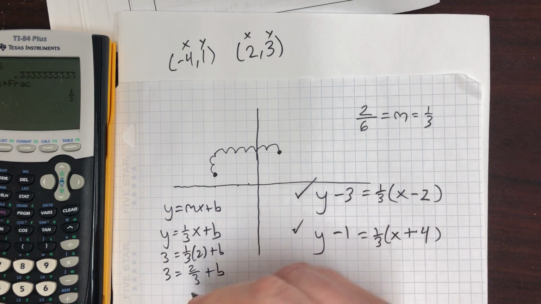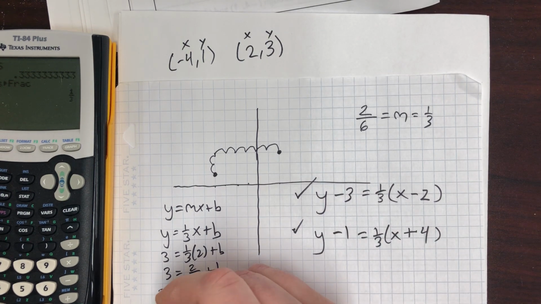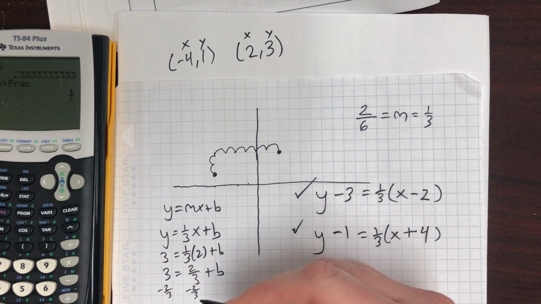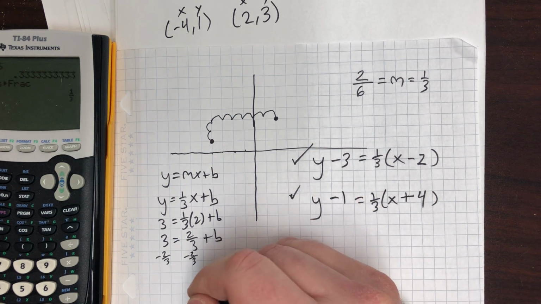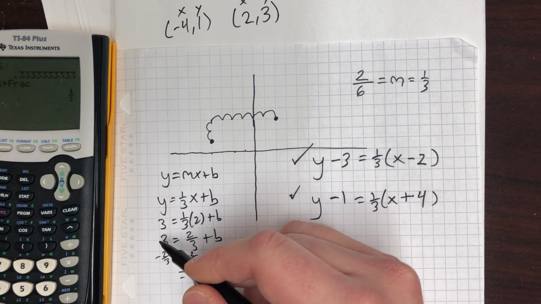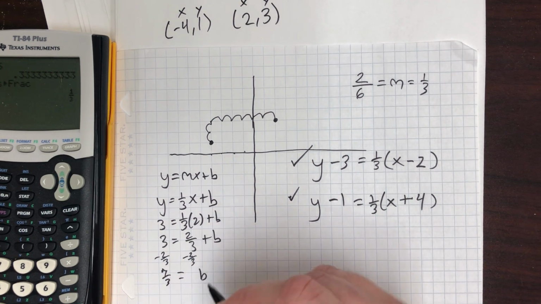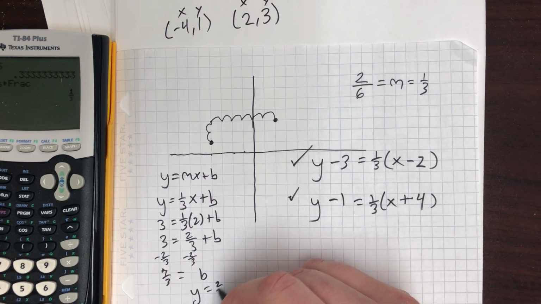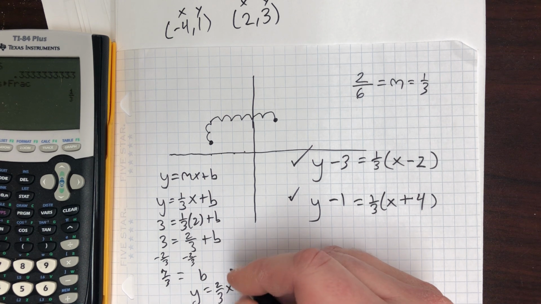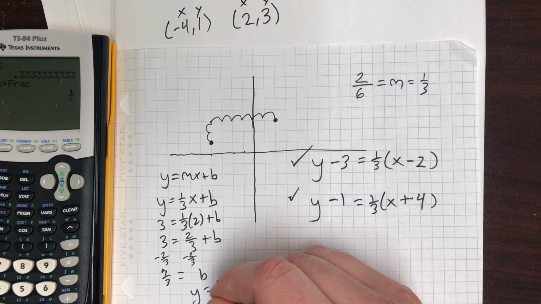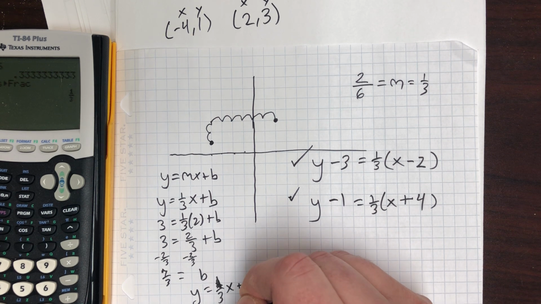Then we subtract the 2/3 from both sides. Hopefully I'm convincing you that this is not as nice of a method. So 9/3 minus 2/3 is 7/3. So I could get y is equal to 2/3 x. Nope, m was 1/3. y equals 1/3 x plus 7/3.